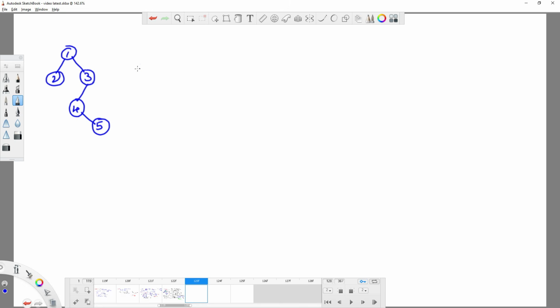Okay, fine. If I try to write the technical definition of the tree, what is a tree generally? A tree is a non-linear data structure. Non-linear means it contains a collection of nodes.